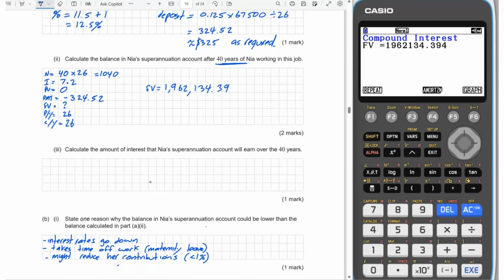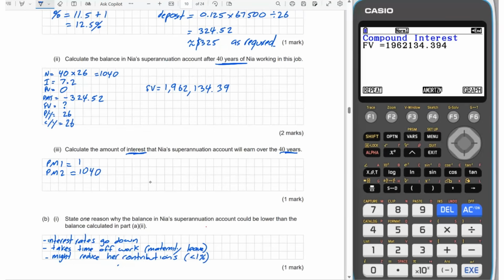Calculate the amount of interest that Nia's superannuation account has earned over those 40 years. It's only 1 mark, so we're going to use the amortization function, which means that we have PM1 and PM2, or payment 1 and payment 2, like when do they start and stop essentially for this interest. So we want to know what the interest is between the first payment and the 1,040th payment, if you like.